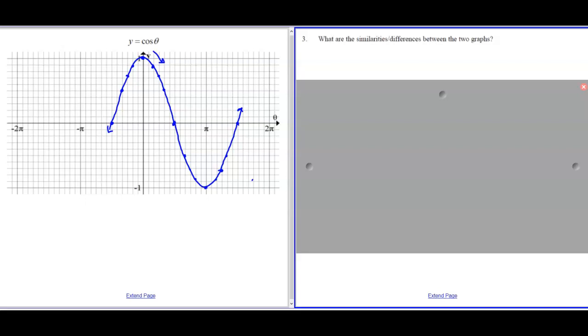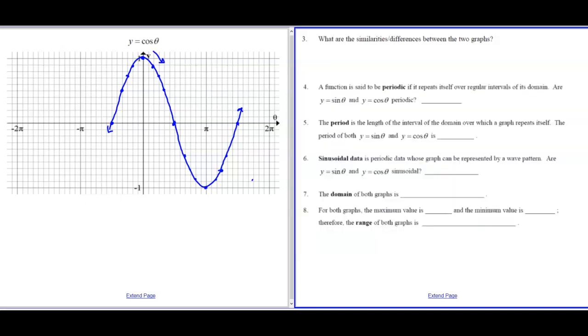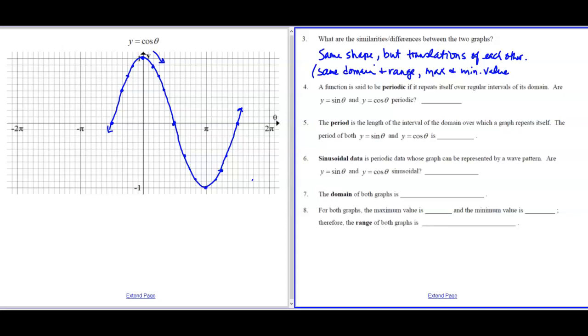Okay, so similarities and differences. Same shape, but translations of each other. Okay, so from that, same domain and range. Max and min values. The actual max and min points are different, but the max and min values are the same.